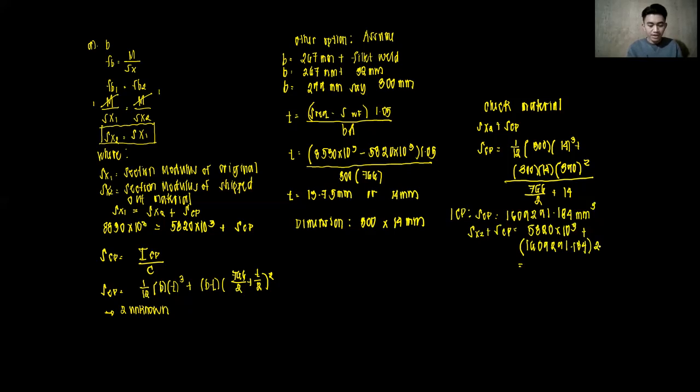The value there now is 1,609... I'm sorry, I placed things wrongly. Let us remove this one first. The times 2 should not be placed on S, right? The times 2 is to be placed here.